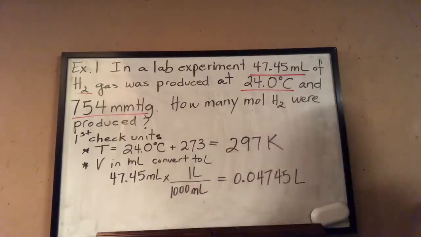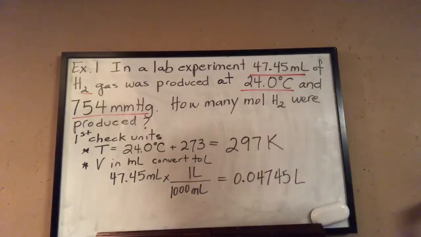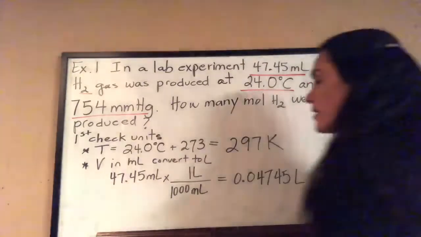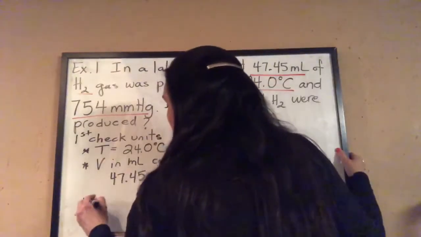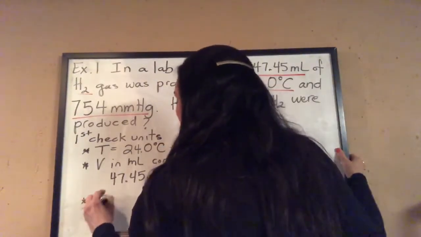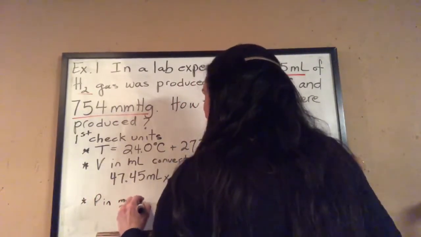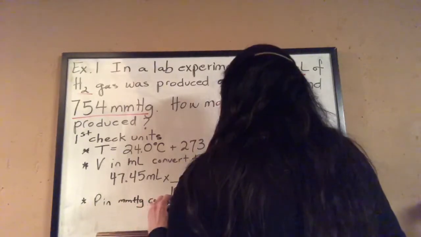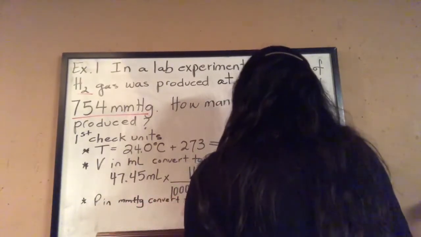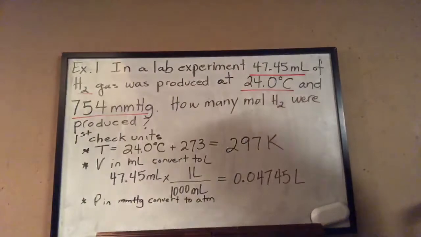All right. And now we need to convert the millimeters of mercury into atmospheres. So pressure in millimeters of mercury, convert to atmospheres.